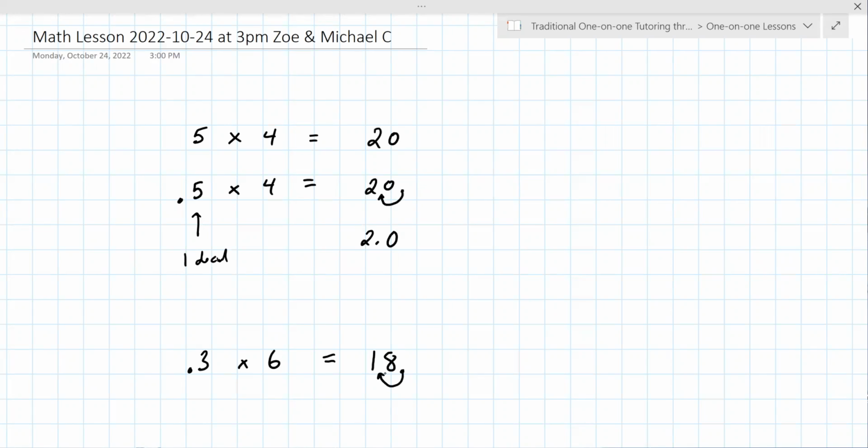You're essentially counting the number of decimal places that you have. So it would be 1.8.